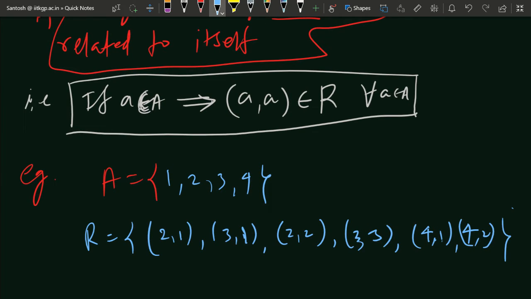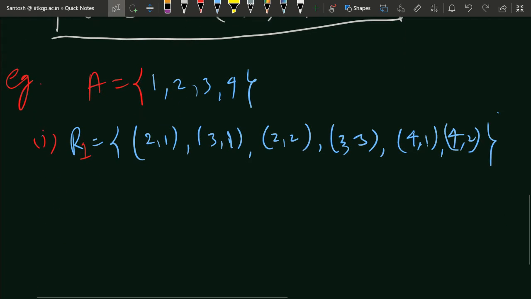So tell me, is this relation reflexive? Can we say this relation is reflexive? Let me call it R1, the first relation. So is it reflexive? No, sir. Why is it not reflexive? All the elements should have a relation with themselves.